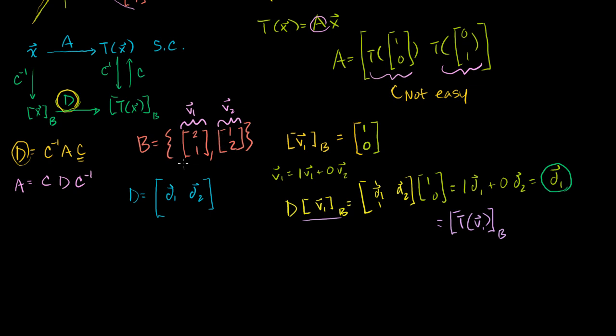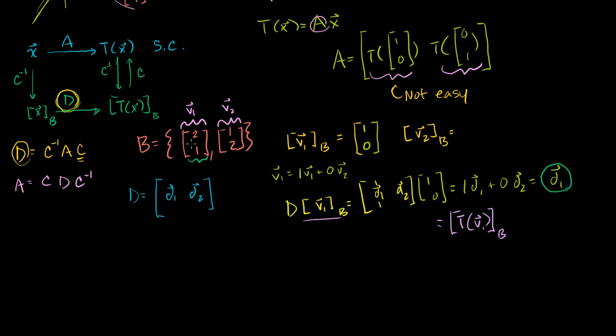And you're going to see in general that when you represent these basis vectors in their own basis, they're going to look just like your standard basis vectors in this new coordinate system. So when you represented 2, 1 in your new basis, of course, it's 1 times this plus 0 times this. It's going to be 1, 0. If you want to represent v2 in your new basis, well, what is it?